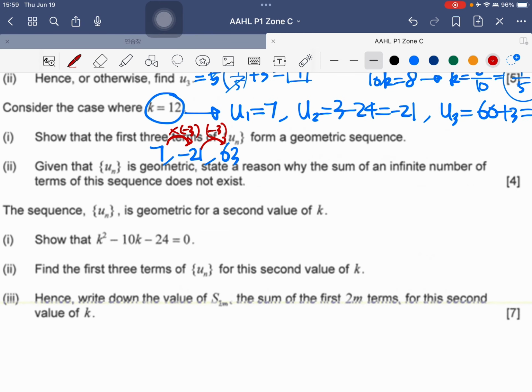Given that un is a geometric sequence, explain why the sum of an infinite number of terms in this sequence does not exist. The condition where the sum to infinity does converge or exist is only when the absolute value of the ratio r is less than 1.